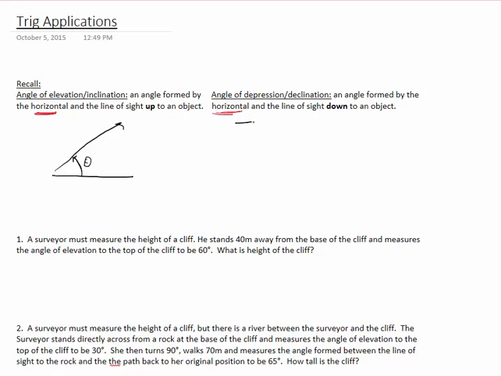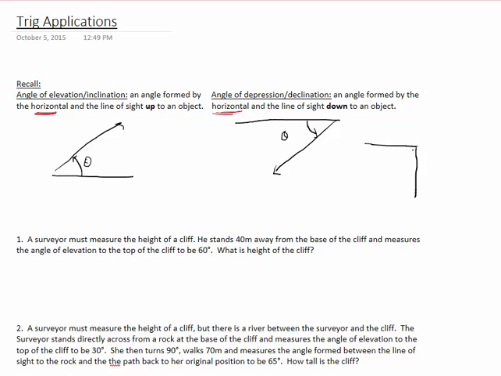Now when we're talking about our angle of depression, it also has to come off a horizontal and it's going to open down. Sometimes if we're standing on a building, let's look over here, and it tells us that there's an angle of depression of 20 degrees, we have to be sure, first of all, that we have a horizontal line.